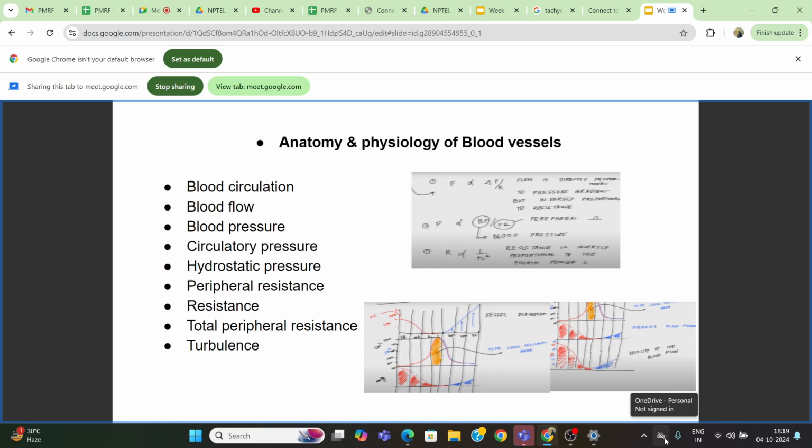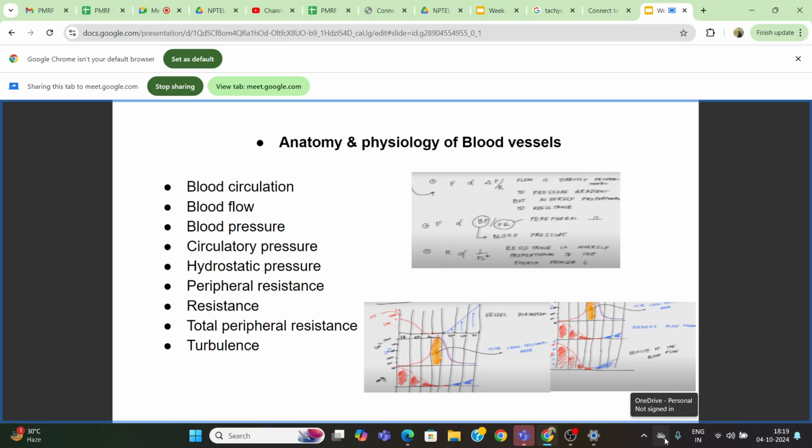Then in the fourth week we have seen multiple things related to it. Force is directly proportional to the change in pressure divided by resistance. F is directly proportional to blood pressure with respect to peripheral resistance, so PR means peripheral resistance.